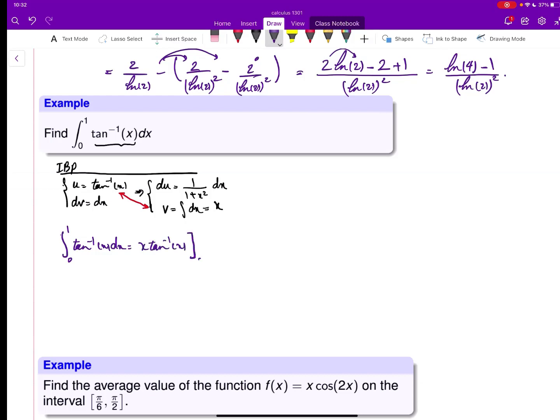But since this is definite, I need to go from 0 to 1, minus the integral from 0 to 1 of v du, which will give me x times 1 over 1 plus x squared. Okay. If you look at the first part here, this is just an easy substitution.